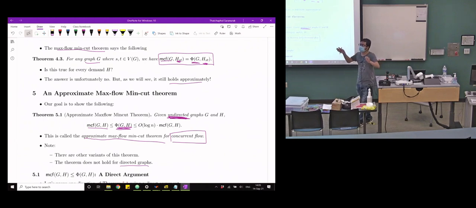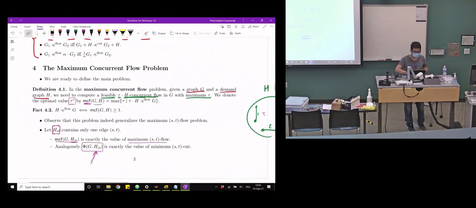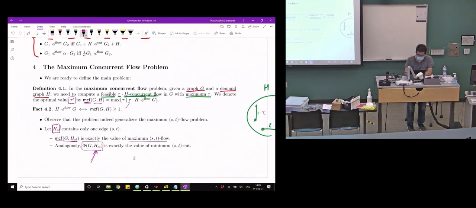There exists some value for sure, because if you don't send any flow, if you just put this to be 0, then any empty graph can be embedded into any graph, right?